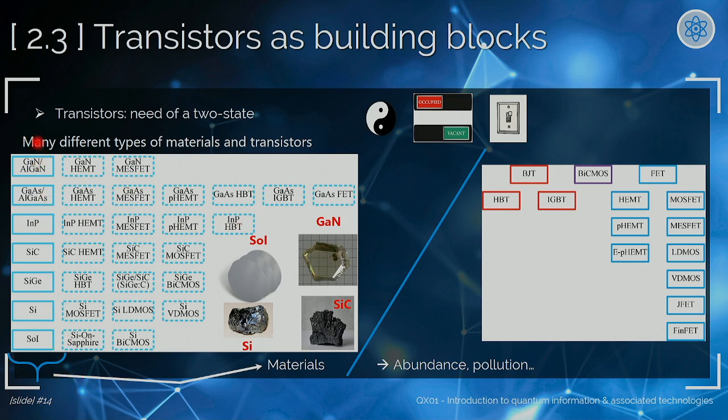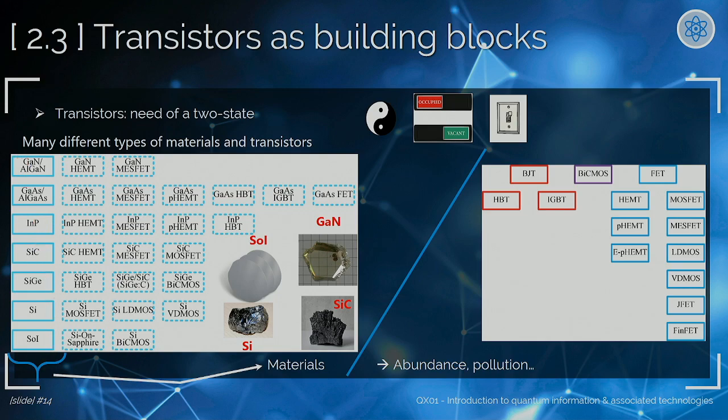So you can see here all the semiconductor materials that are used for transistors. Of course, silicon transistors are the ones in most use, but you have other materials like silicon carbide, indium phosphide, and so on.